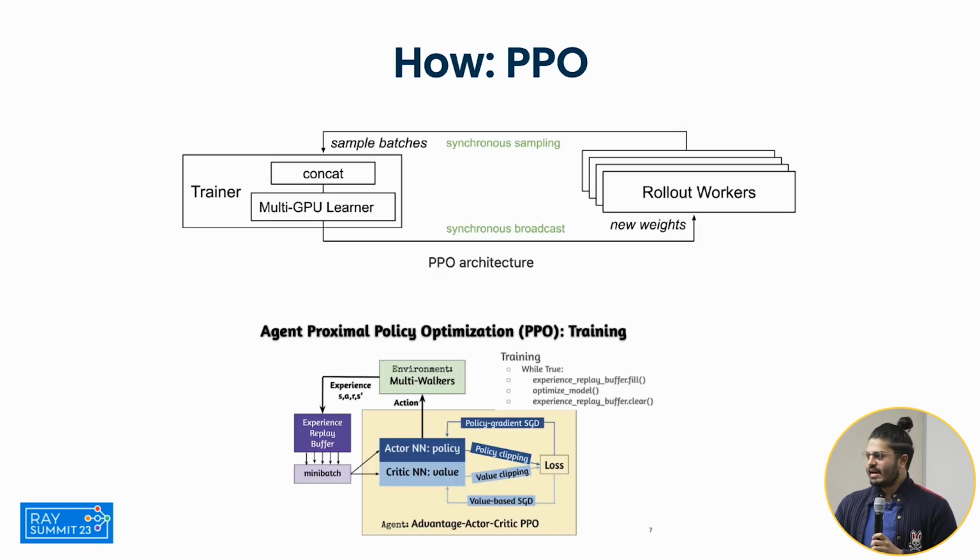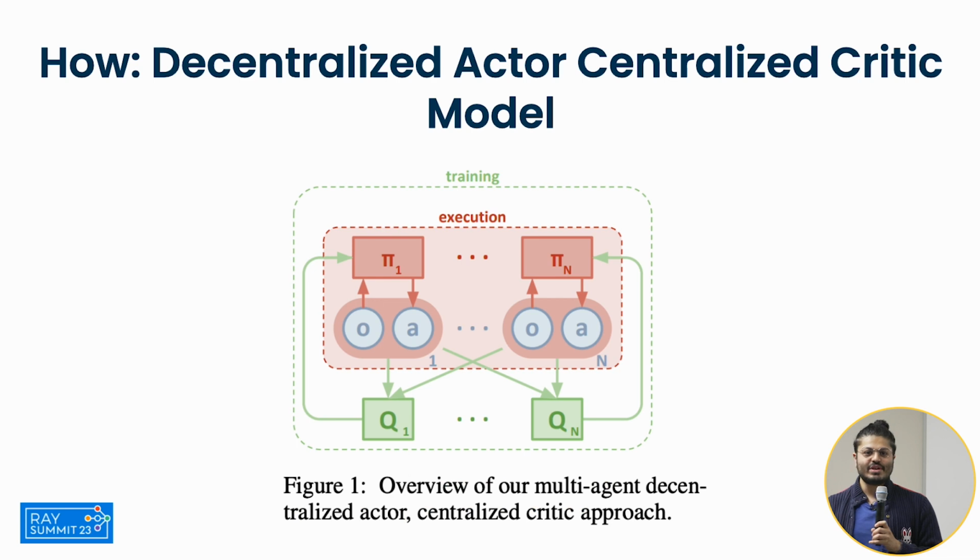And so in this case, we use a decentralized actor centralized critic model. To explain this extremely simply, we think of each drone as an independent agent acting on itself. It knows only its own state and the state of what it's immediately around itself. The centralized critic, however, has a complete understanding of every drone, all of its states, and all of its positions.